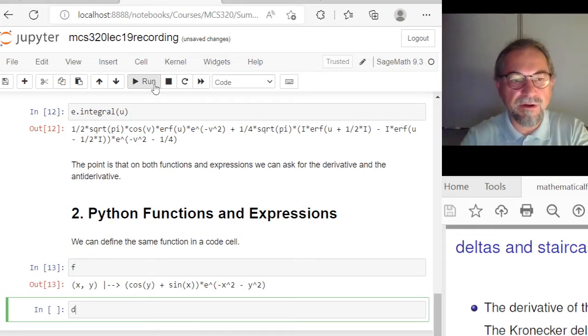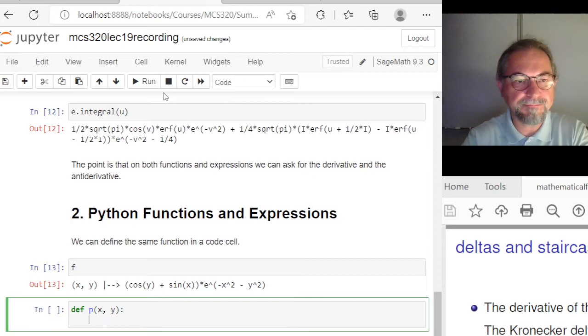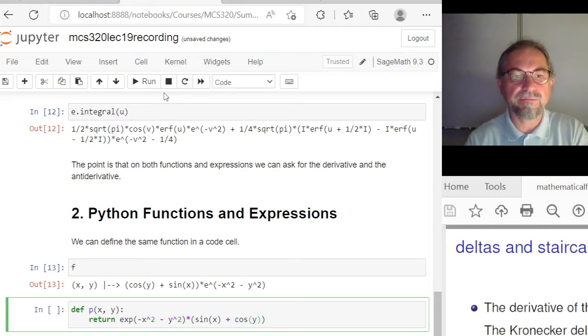So I can define my Python function. Let me call it p. So I have x and y, and I will return the exponential multiplied with the sine of x plus the cosine of y.